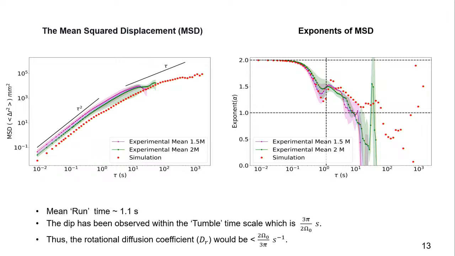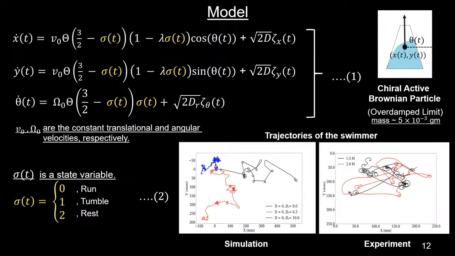The rest motion I understand would be decoupled from both the run and tumble motion, but in no cases are you seeing running and tumbling together. You're defining all three states as entirely separate, and in some sense if one is happening, another is not happening. It's a succession of run, then tumble, then rest, and then run and tumble. It's not possible to see run and tumble together, where it's rapidly rotating but also moving translationally at one point. Is anything preventing that is what I'm asking. Can you repeat?